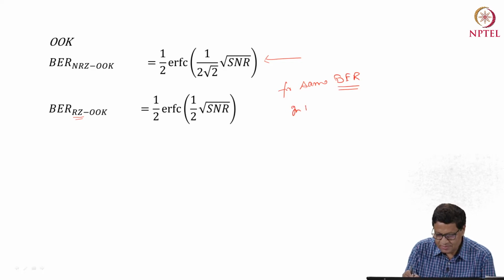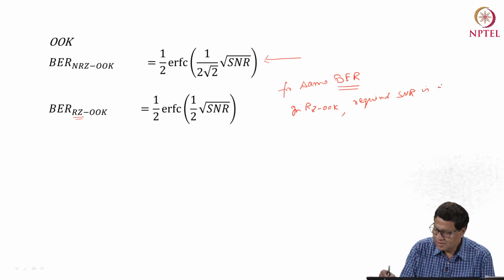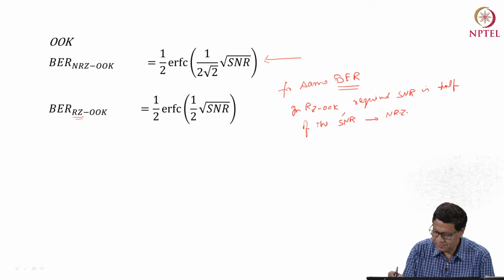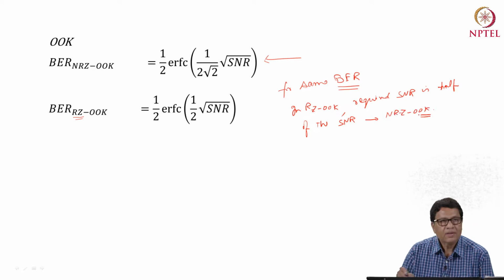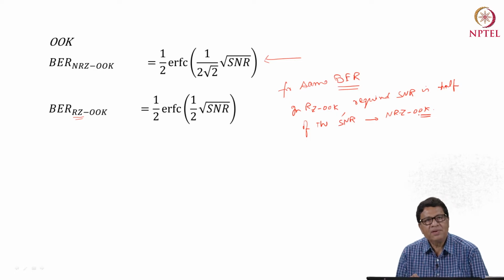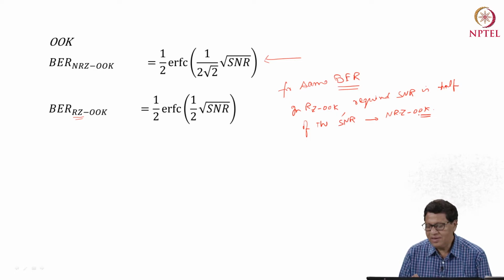So basically for the same BER, in RZ, the required SNR is half of the SNR which is required in NRZ. So you require a lesser amount of power if you're transmitting RZ on-off keying to get the same BER, and you require more power for the NRZ OOK scheme.